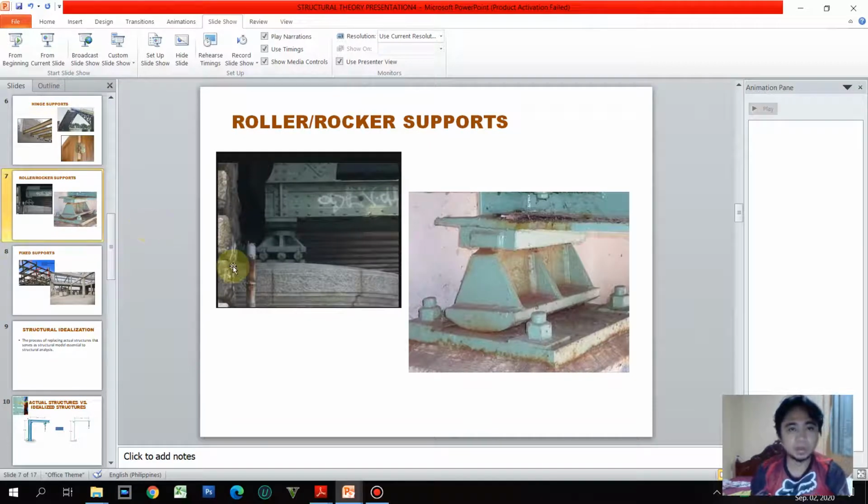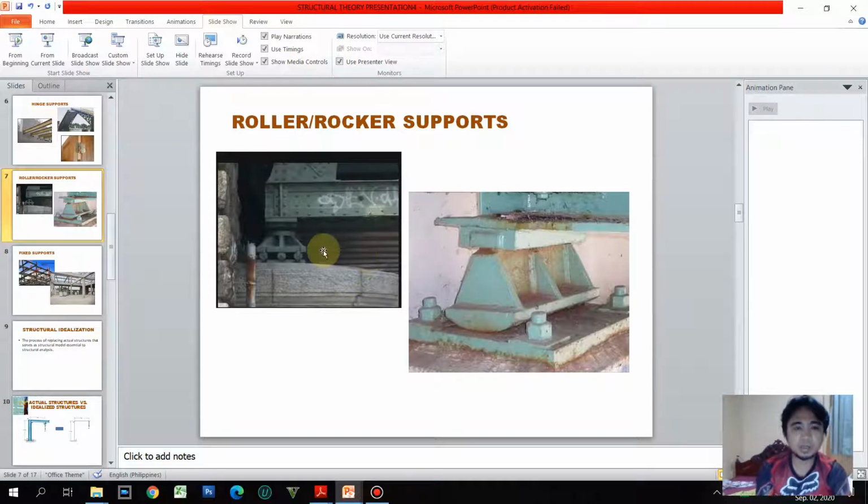So for another type of support, this is an actual picture of a roller or rocker support. As we have said, it is free to move parallel to the support. It is free to move sideways if it is placed on a horizontal plane. This is similar to the rocker.